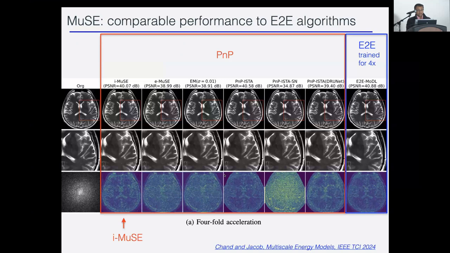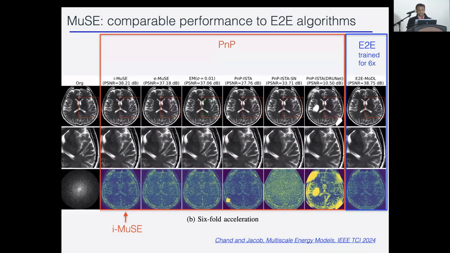So here are the results. This is the original image, and these are all the plug-and-play methods, and this is an end-to-end method, a model that we trained for that specific undersampling pattern. We see that the performance is a little bit lacking compared to the end-to-end model, but it is still comparable, and it's better than some of these plug-and-play methods. The PNPs give slightly better PSNR, whereas when you add the contraction constraint, you see that it is much worse.